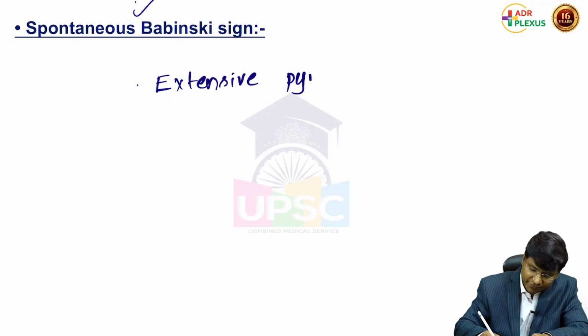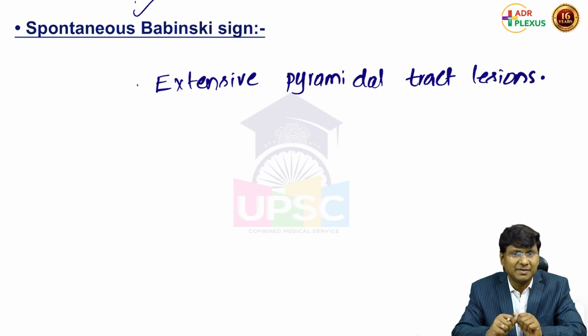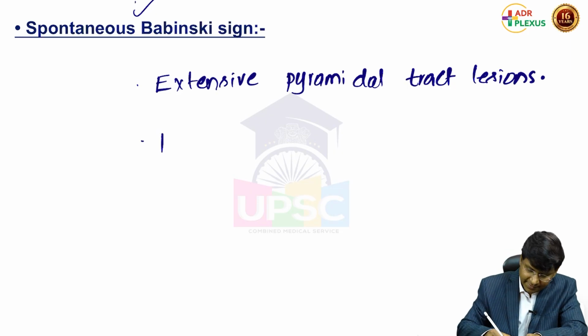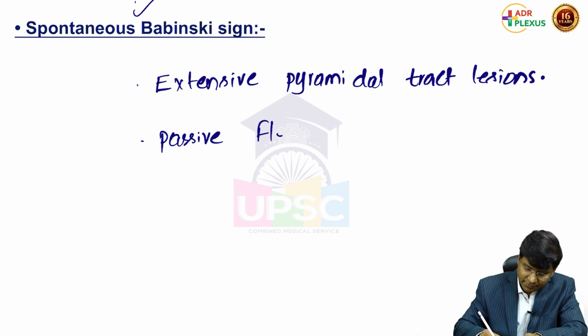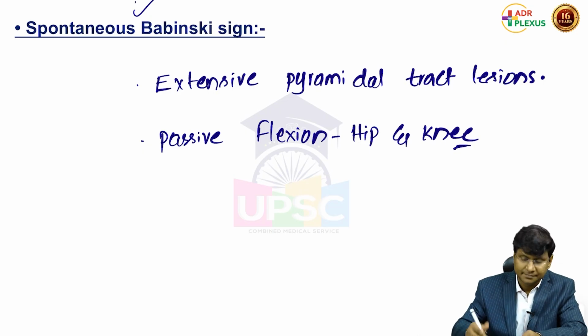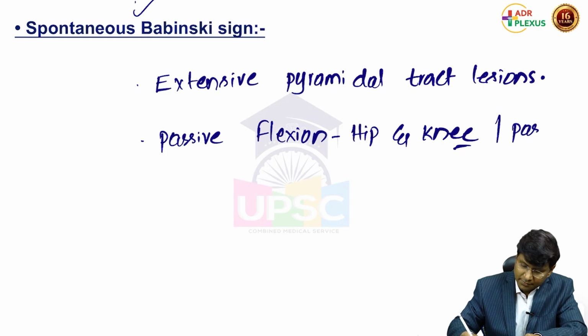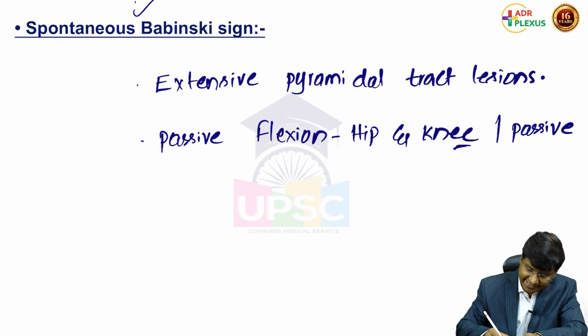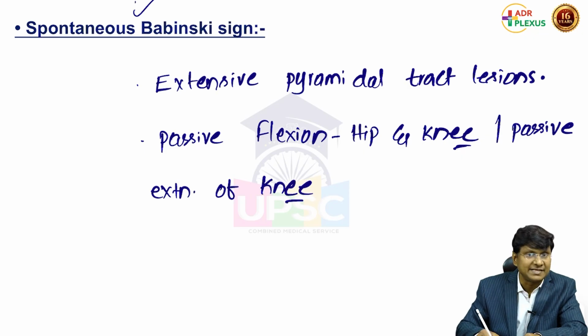Right, so in cases of extensive pyramidal tract lesions, there will be spontaneous Babinski sign where there will be passive flexion of the hip and passive flexion of the knee, or there can be passive extension of the knee, right, passive extension of the knee.